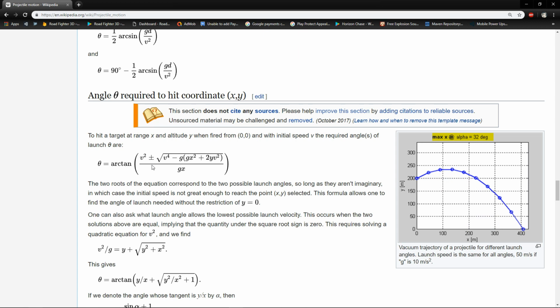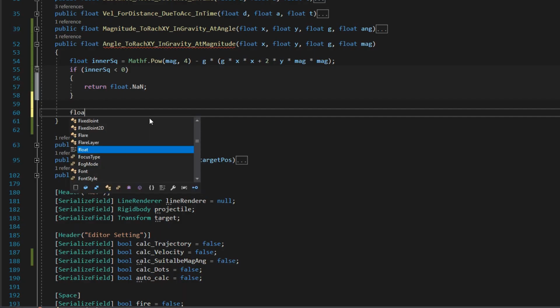And now we have two sides of this equation, which is a positive side and a negative side, which I will tell you in a bit. But let's go with the positive side for now.